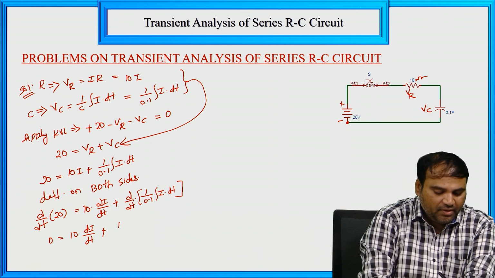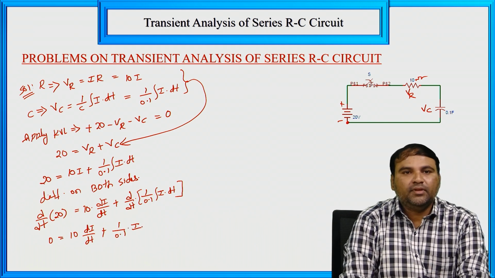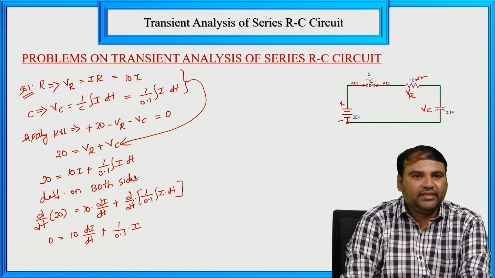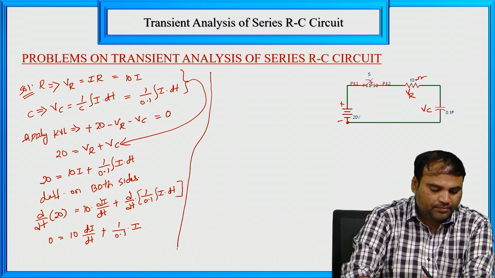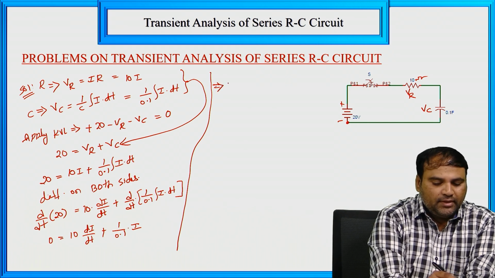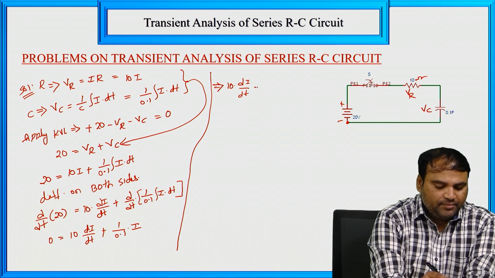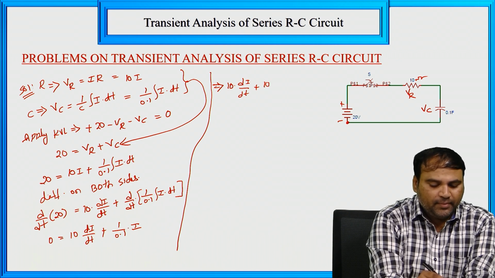Now we get 1 divided by 0.1 into I. So we are getting the equation 0 equal to 10 into di by dt plus 1 by 0.1 into I. Now I am writing this equation as 10 into di divided by dt plus, since 1 by 0.1 is 10, 10I equal to 0.